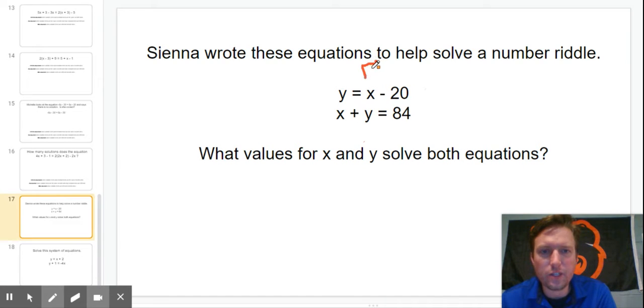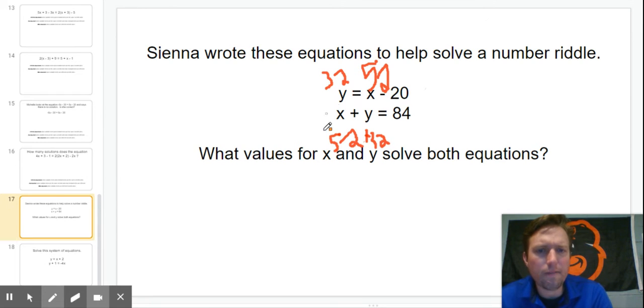So what would 52 minus 20 give us? 52 minus 20 would give me 32, so that would give me x and y. Let's see if we find the sum. 52 plus 32 gives me, 2 plus 2 is 4, how about that, that gives me 84.